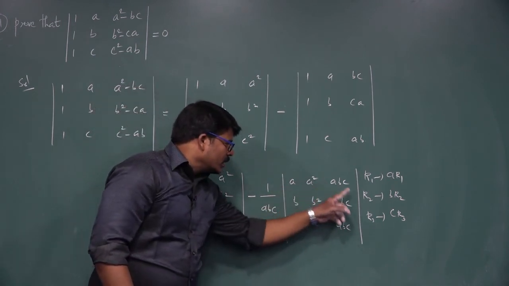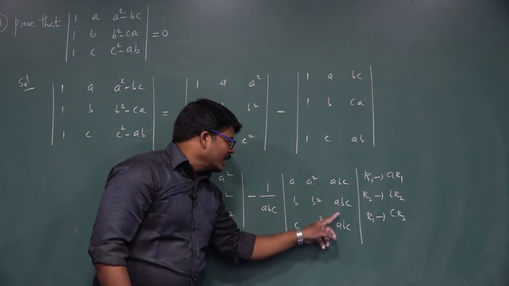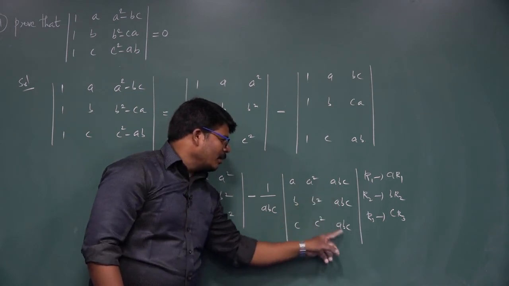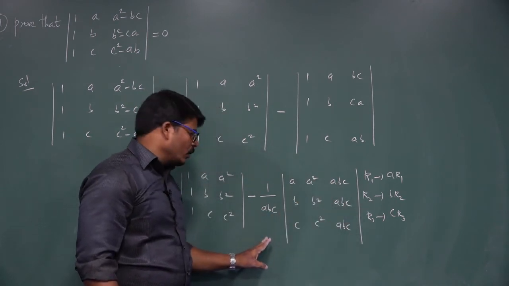Now taking ABC common from C3, taking it outside.